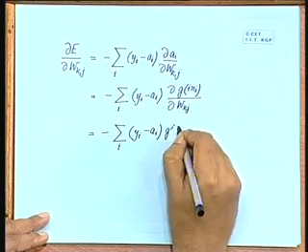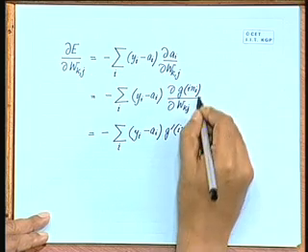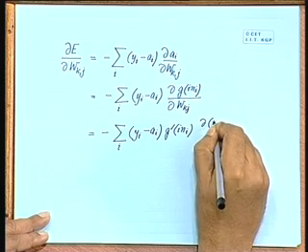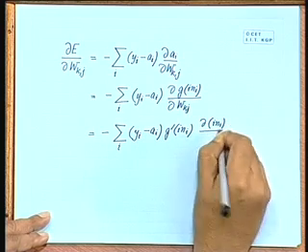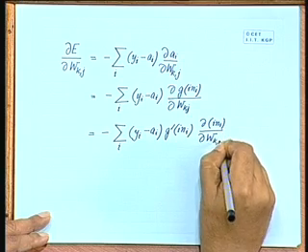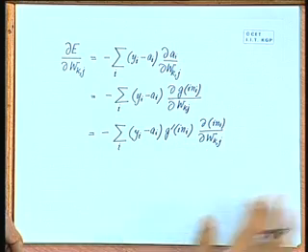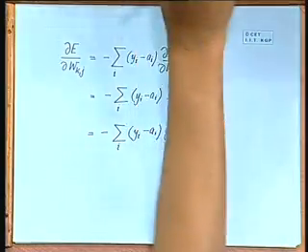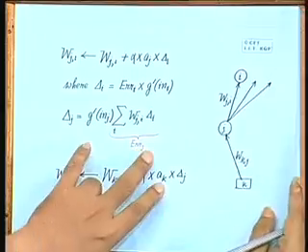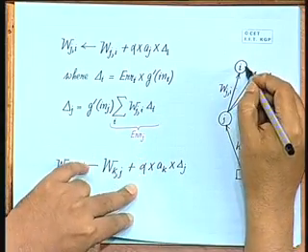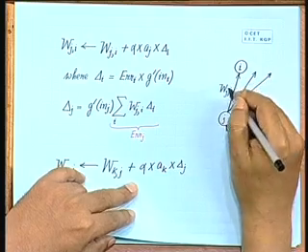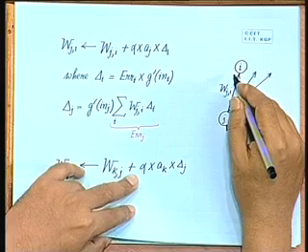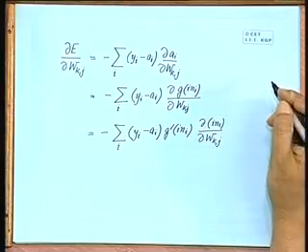This will become g dash of in_i, times delta in_i by delta w_kj. Now, what is in_i? What is i first of all? i is the output layer unit. So, in_i is sigma over j of w_ji times a_j, right, that is the total input.